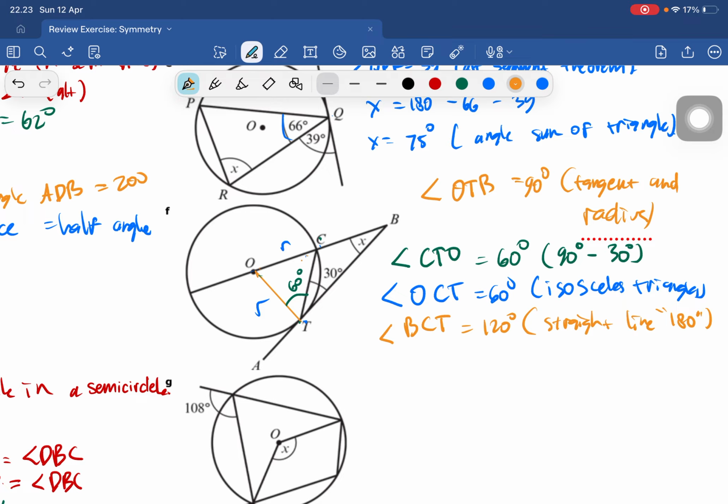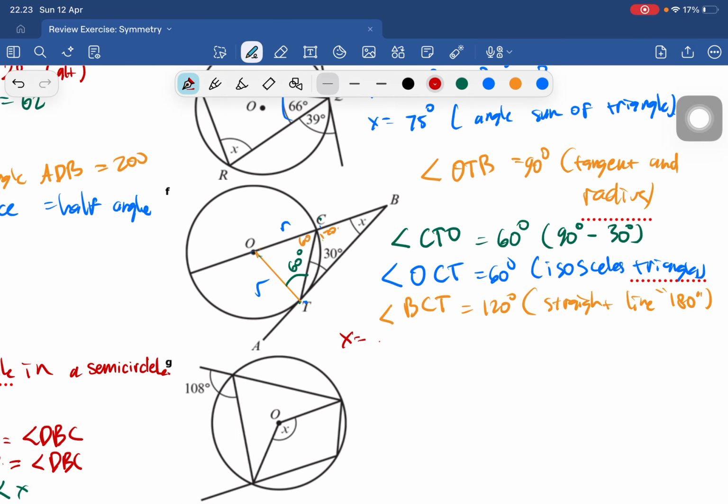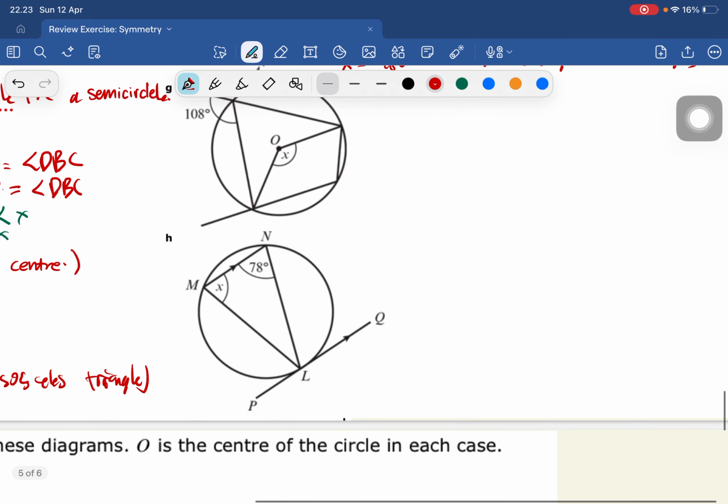So we got here is 60, here is 120. Then we can find the X finally. The X equals 180 degrees minus 120 minus 30 degrees, the angles in a triangle. So X equals 30 degrees.